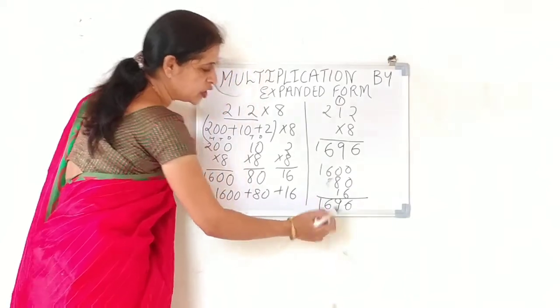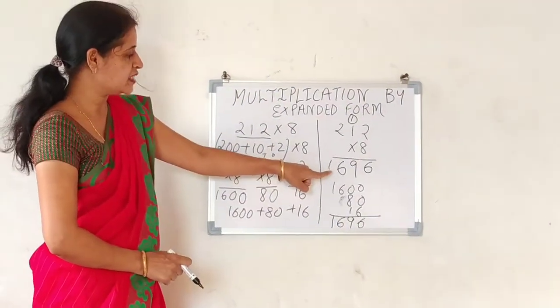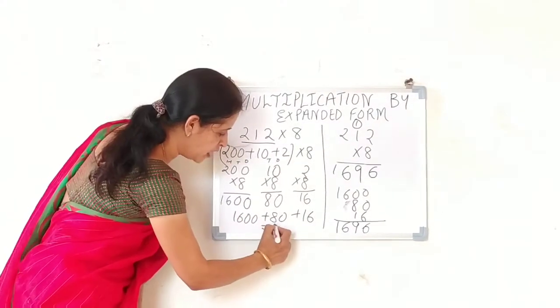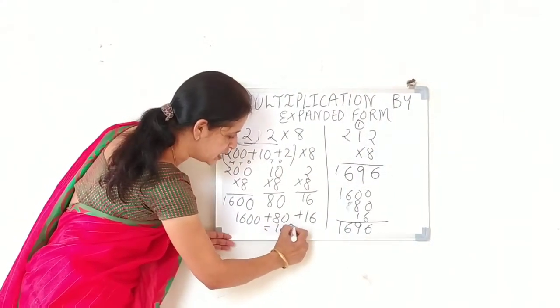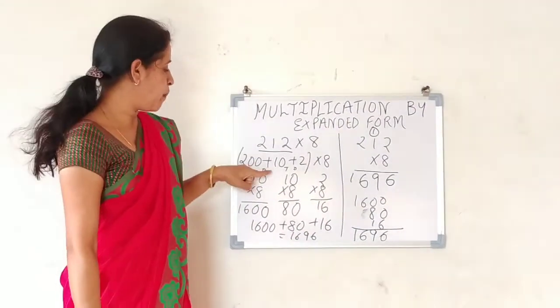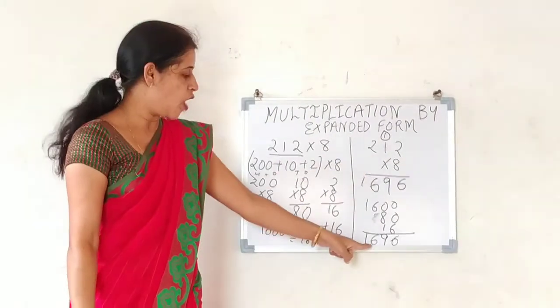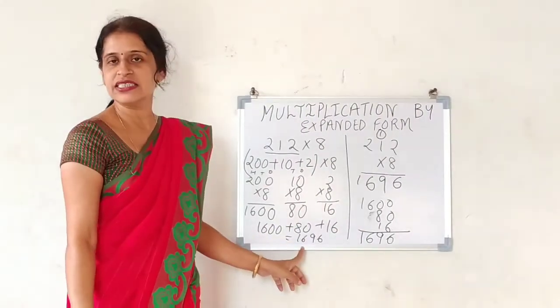And in the thousands place we will write 1. See, both the answers are the same. What do we get when we add? We get 1696. Got it? When you expand the number or you do not expand the number, your answer remains the same.